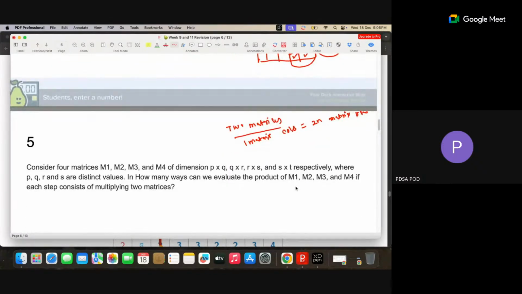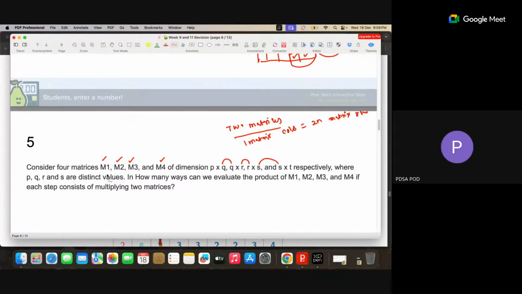Please be careful about it. Remember M1, M2, M3, M4, the sizes they have defined, like the matrix dimensions. P and Q is the first matrix, Q and R is the second. See, these two are equal. Similarly, R and S is there, S and T is there.